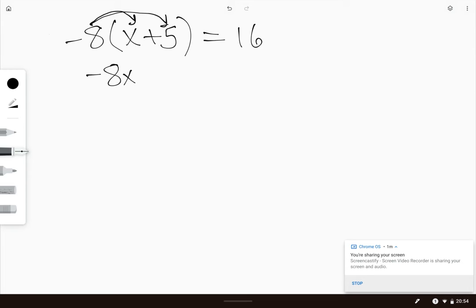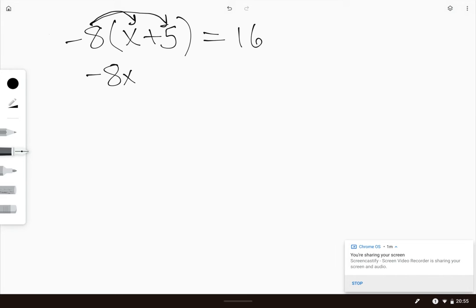So if I have negative 8 times x plus 5 equals 16, okay, I have the negative 8 on the outside of my parentheses. So what I need to do is multiply what is on the inside by what is on the outside. So when I multiply this, the negative sign travels with me. So negative 8 times x is going to be negative 8x.